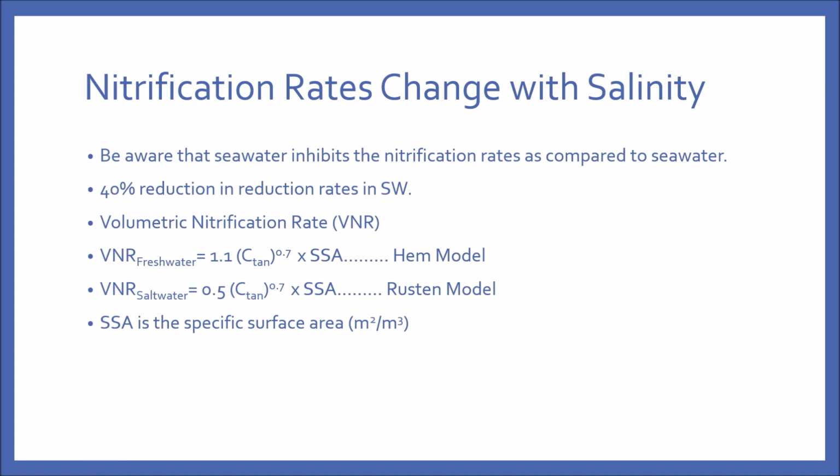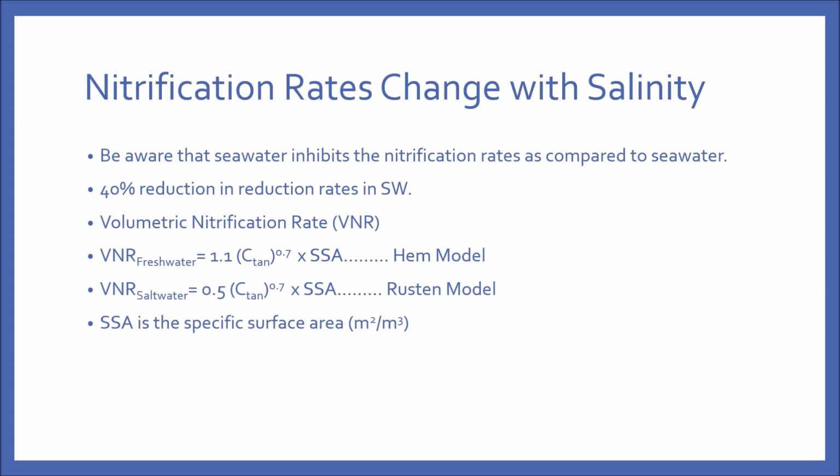It is very important to understand that nitrification in different salinity reacts differently. For example, you cannot just use the nitrification rates in the freshwater and apply to the seawater, because in seawater, nitrification is much slower. It is estimated to be 40% in reduction rates as compared to freshwater.